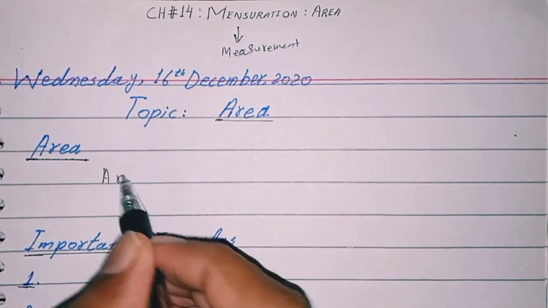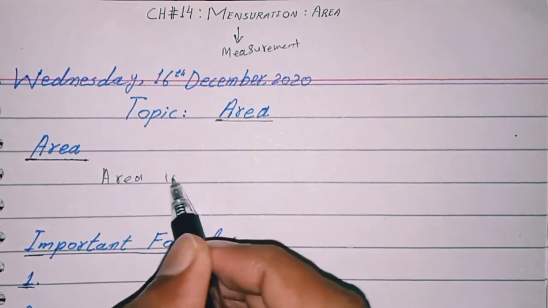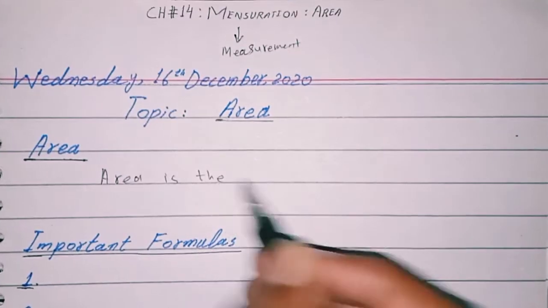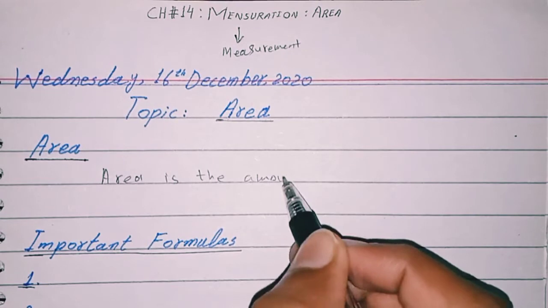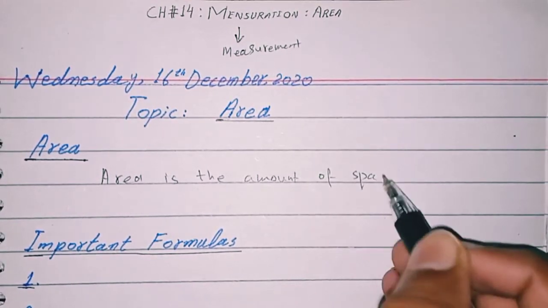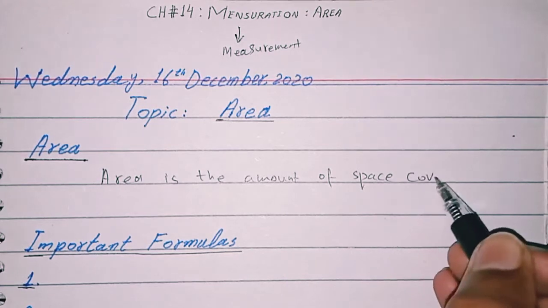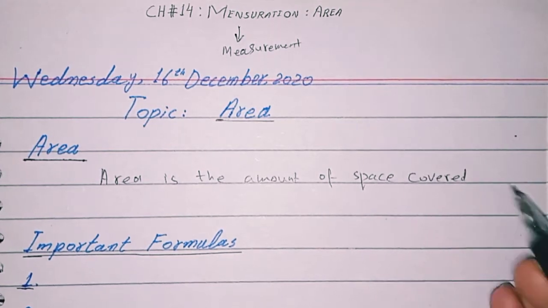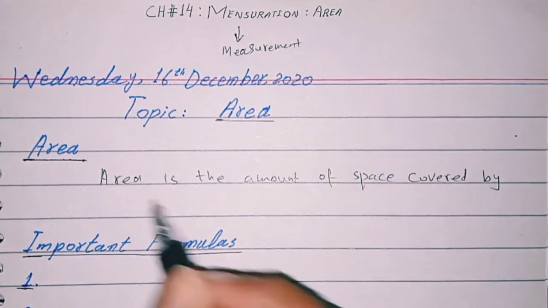Area is the amount of space covered by a surface.